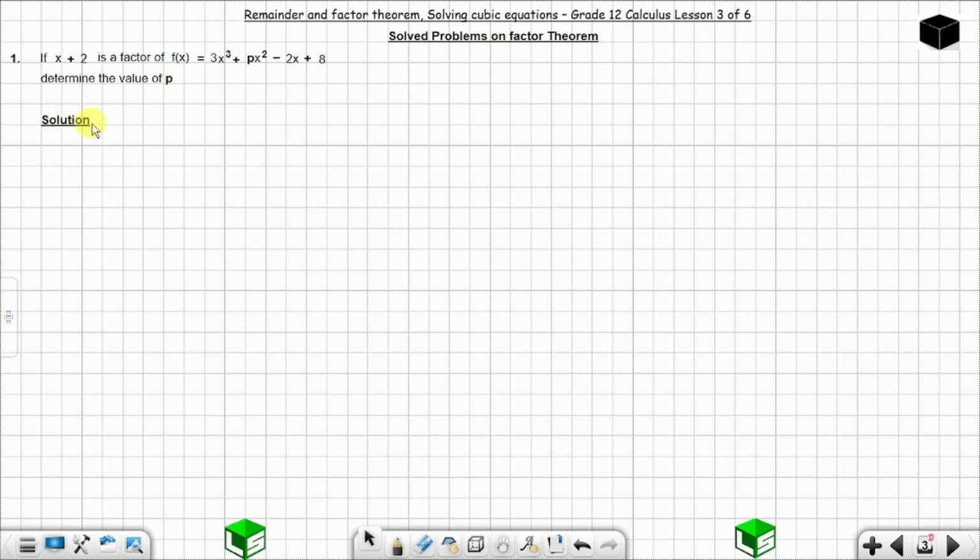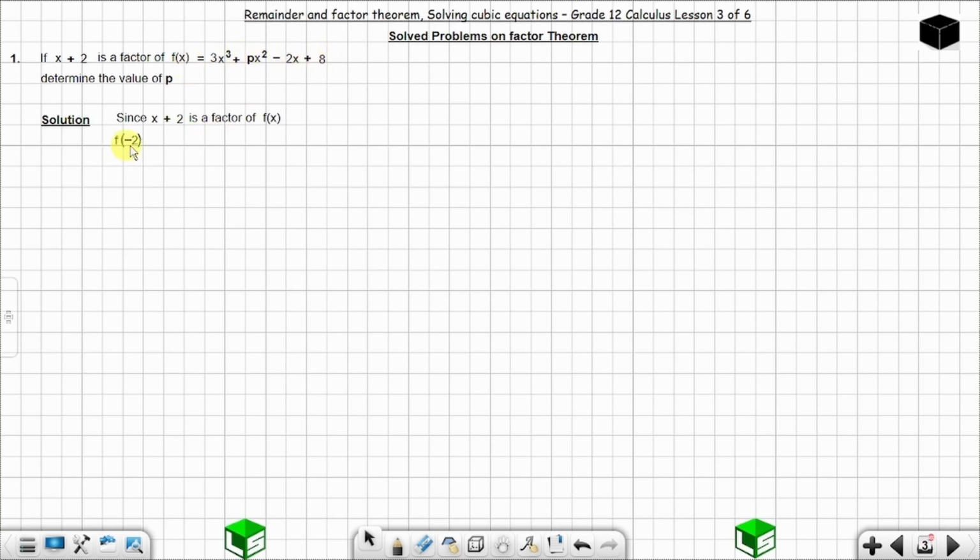Okay, solution. Since x plus 2 is a factor of f of x, you know that if you plug negative 2 in this f of x, you're going to get 0. Remember from the previous slide, if you plug negative 2 in there, you must get 0.